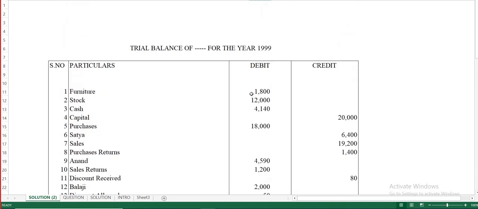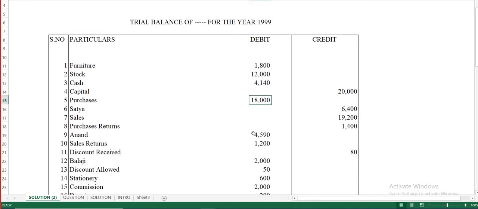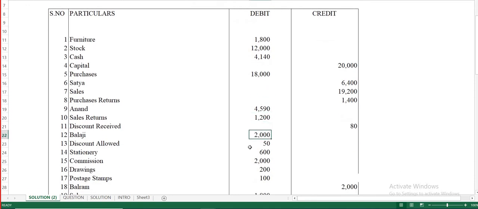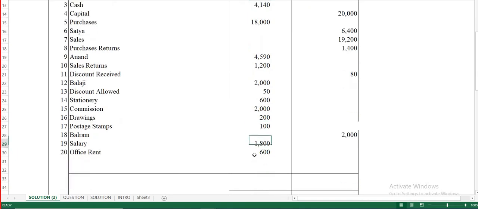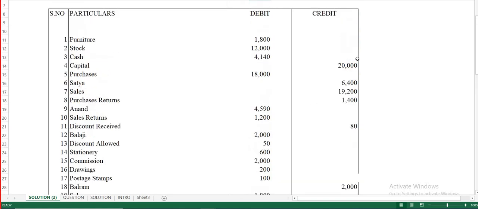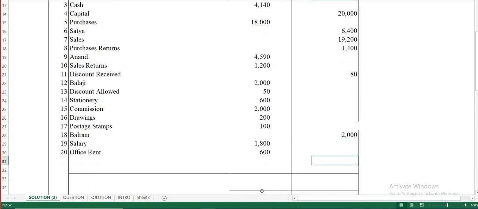Adding up everything, 49,080 rupees you are getting on both sides, right?